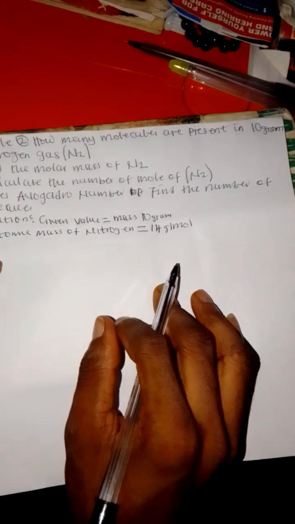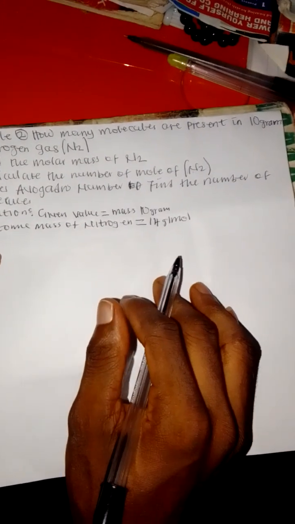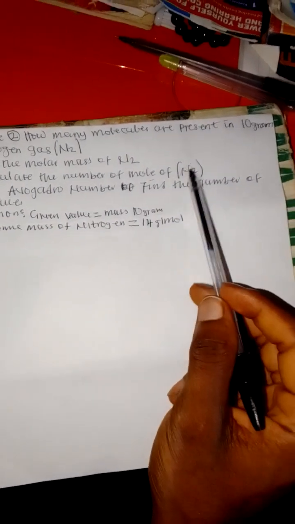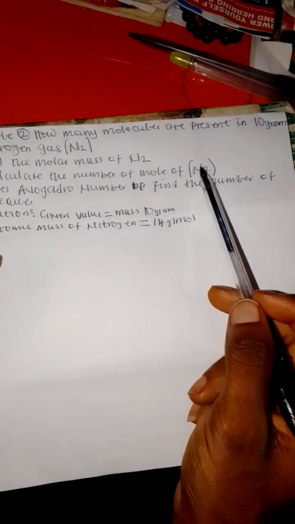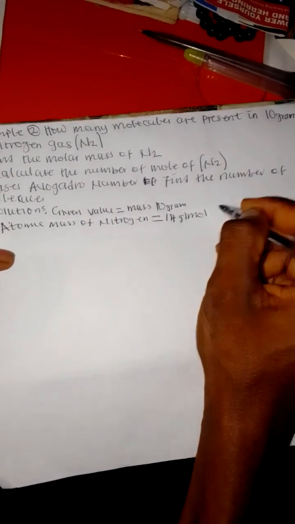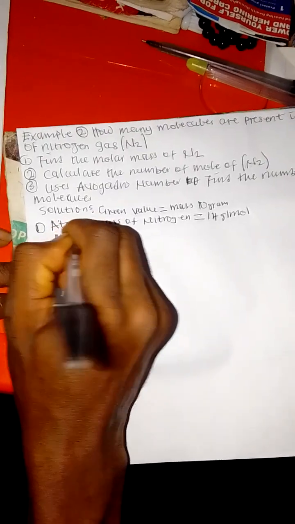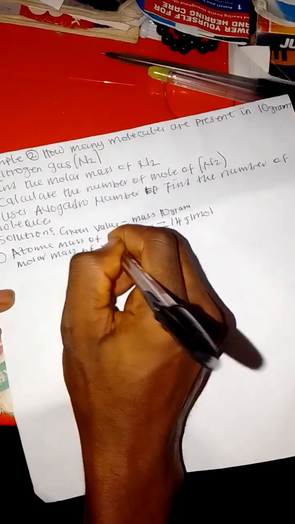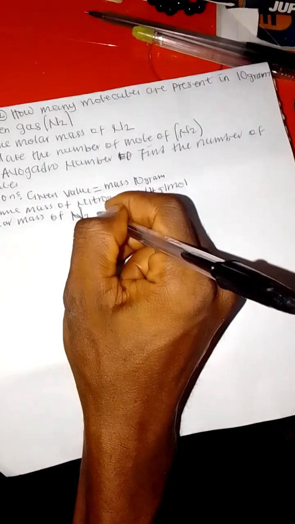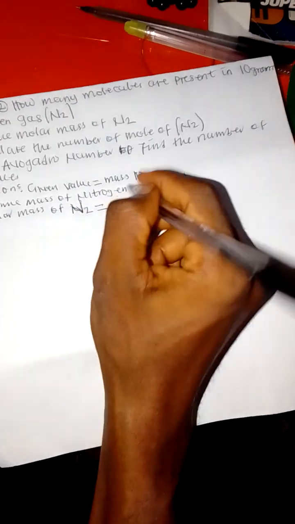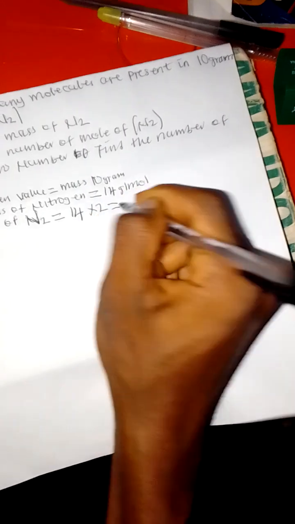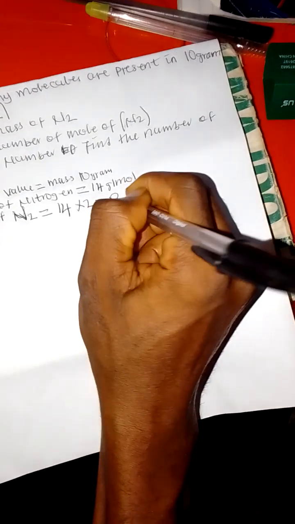So when they said nitrogen gas, you can see here N2. You need to understand that this is diatomic. So you multiply the atomic mass by these two. So the molar mass of N2 will be equal to the atomic mass 14 times 2, and 14 times 2 is 28.